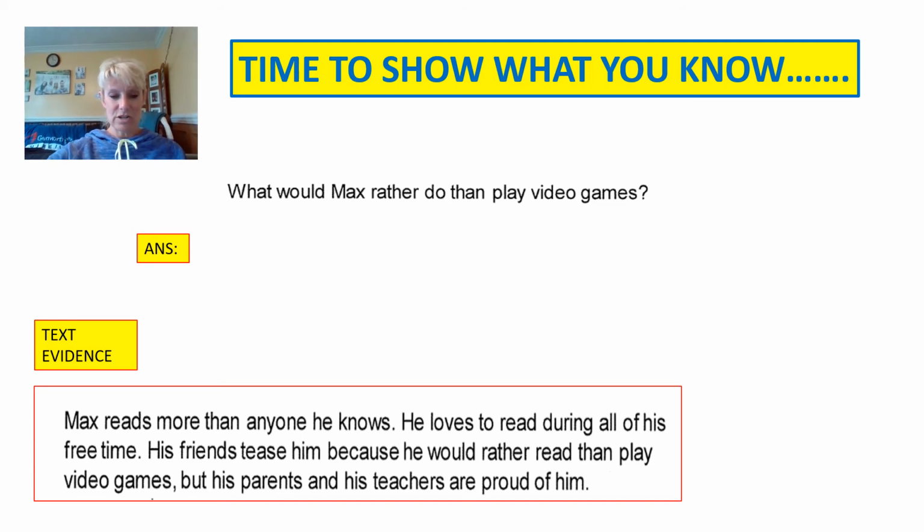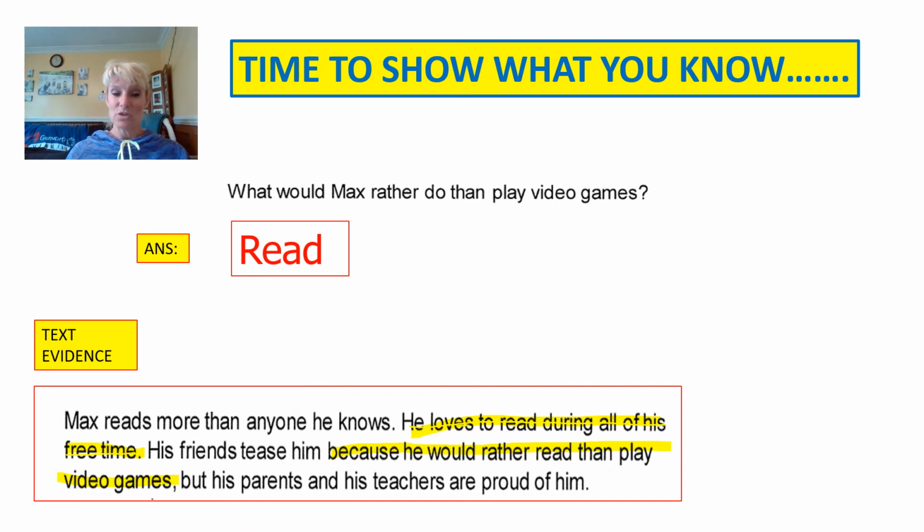It says here that he loves to read during all of his free time, and his friends tease him because he would rather read than play video games. So with that, I can use that text evidence to choose the answer of read. That's what he'd rather do.